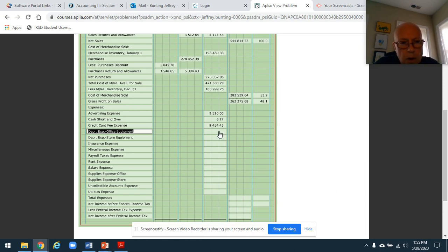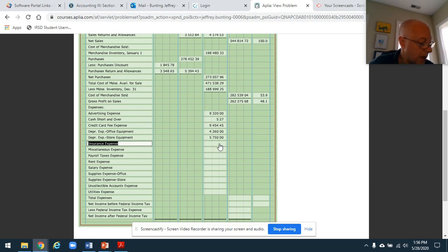All right, so depreciation. We're drawing down our office furniture, 4,260. Yeah, just look at the chairs in my lab. You see how banged up they get? Thankfully, I don't have to do the depreciation on that. Store equipment, 5,750.